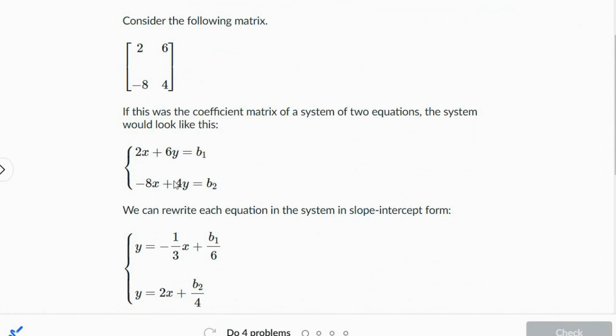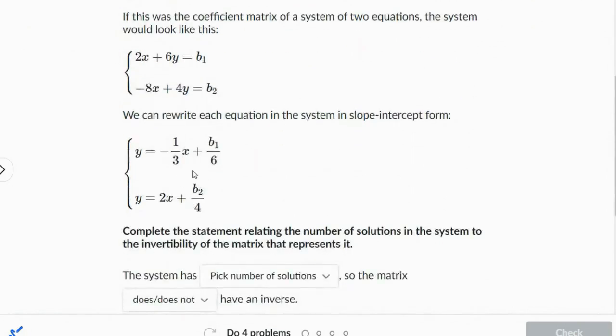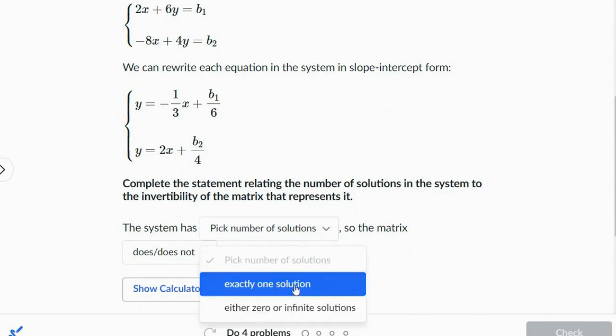It says then you could write this as systems of equations, like y equals, right? We can rearrange that, and these would be the actual equations, y equals. So it says, how many solutions does the system have? Does it have one solution or zero or infinite solutions?